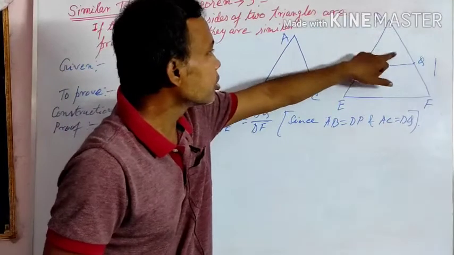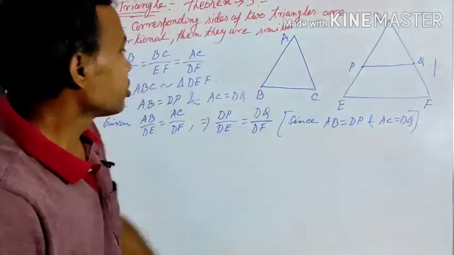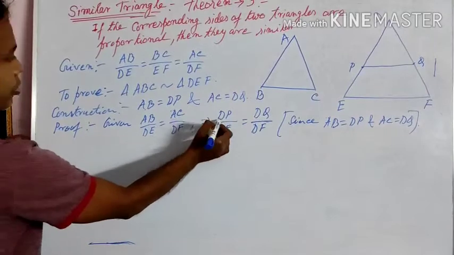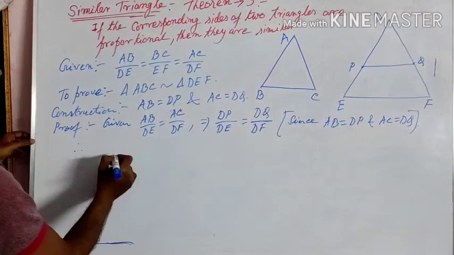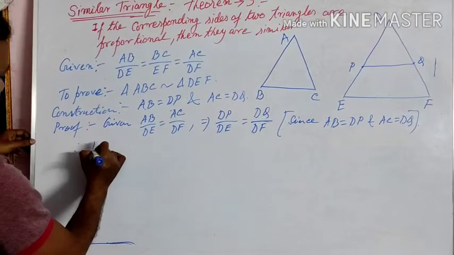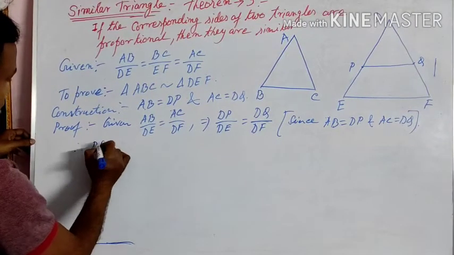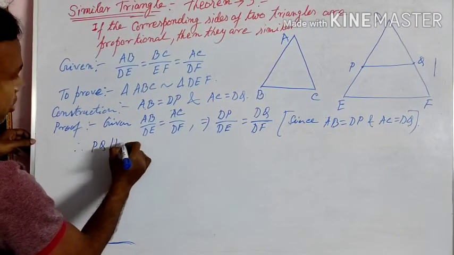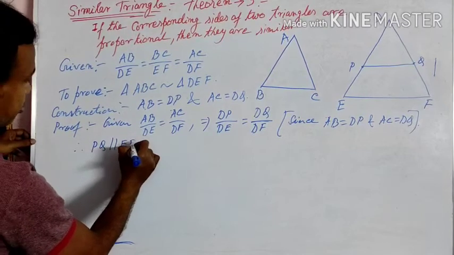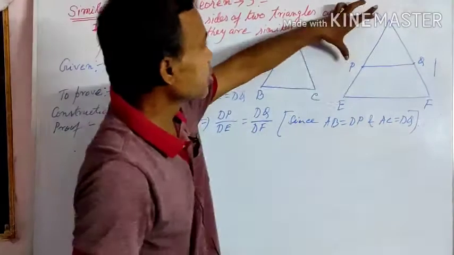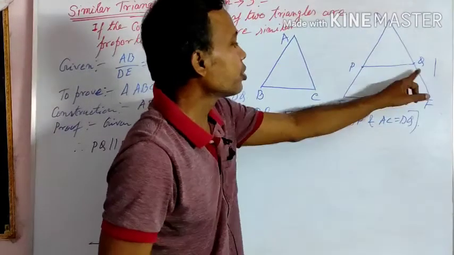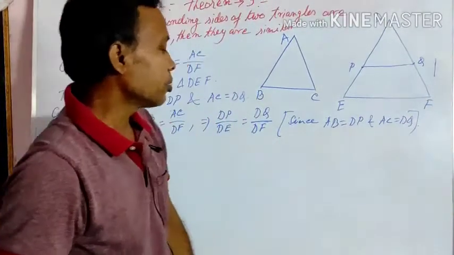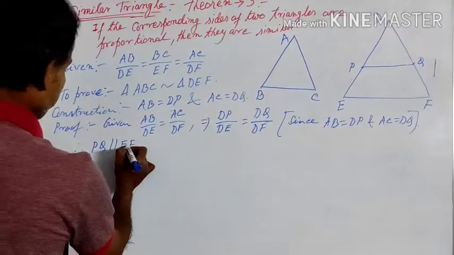So since DP by DE is equal to DQ by DF, therefore we can write straight line PQ is parallel to EF.